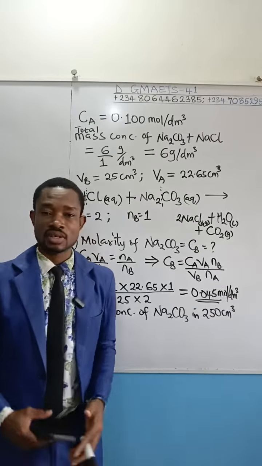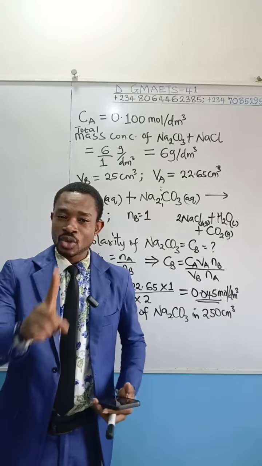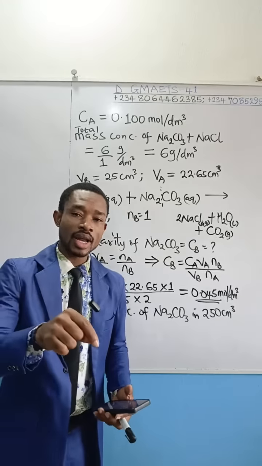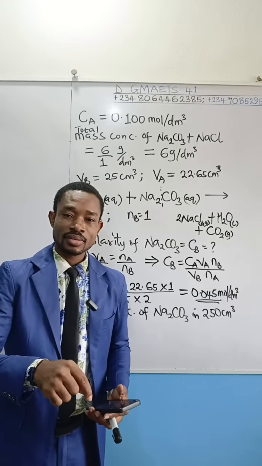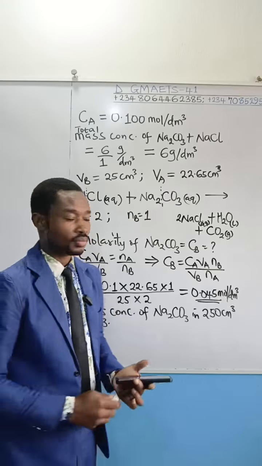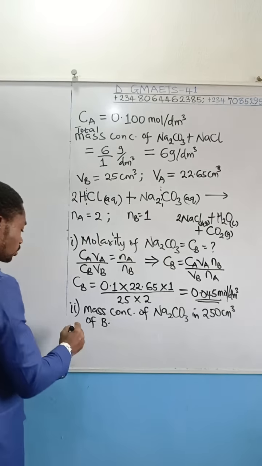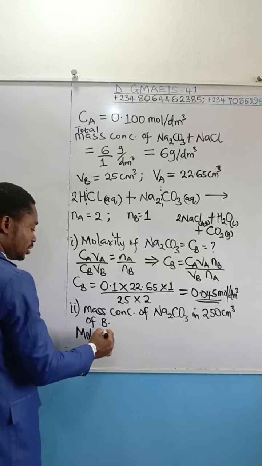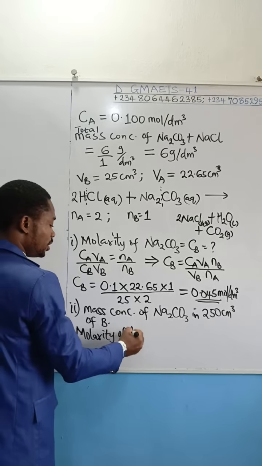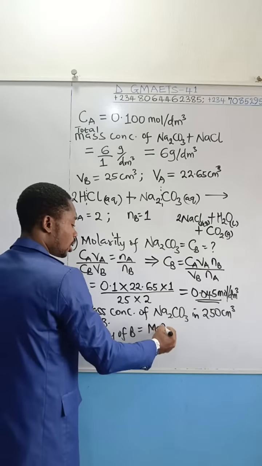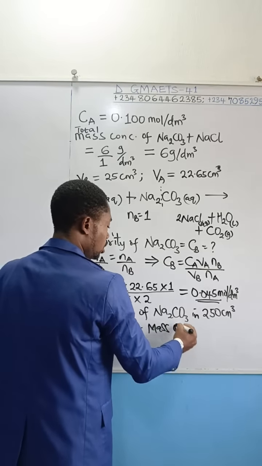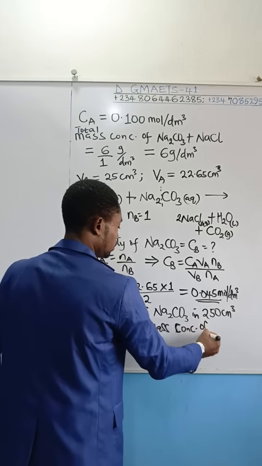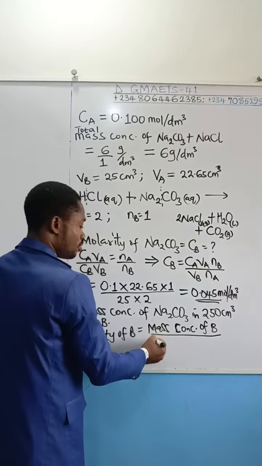Therefore, we are left with the formula that relates molarity to molar mass and mass concentration. This is what I mean. We shall use the formula: molar concentration, or simply molarity of B, equals mass concentration of B divided by molar mass of B.